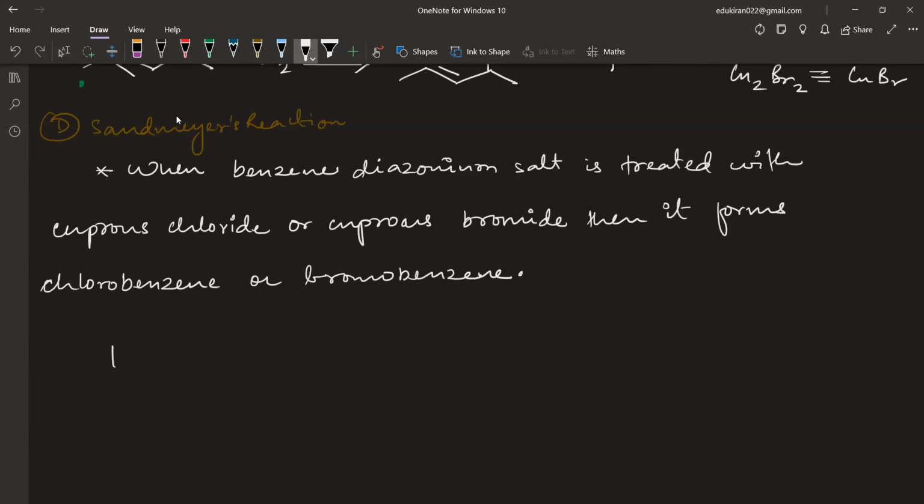Now, here what happens? We have benzene diazonium salt, which is benzene diazonium chloride or bromide. So you have this: N2 will be positive and Cl negative. When this reacts with CuCl, what happens? It will give you chlorobenzene.